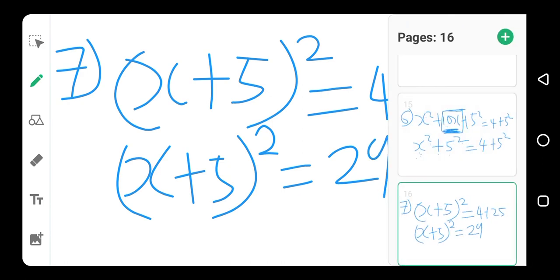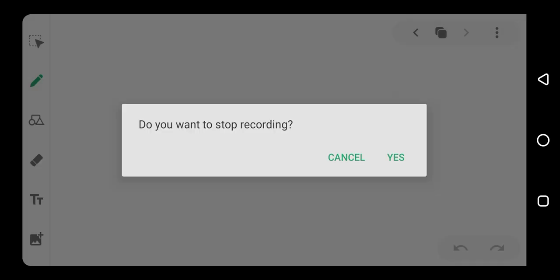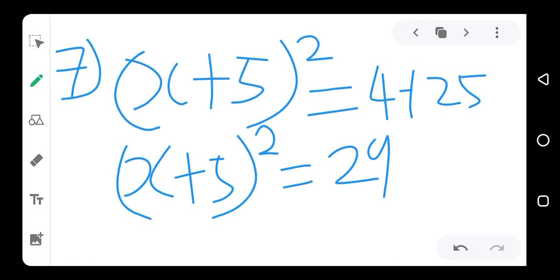And now in step 8 we take the square root of both sides and solve. Take the square root of both sides. So we take the square root of this value and take the square root of this side.